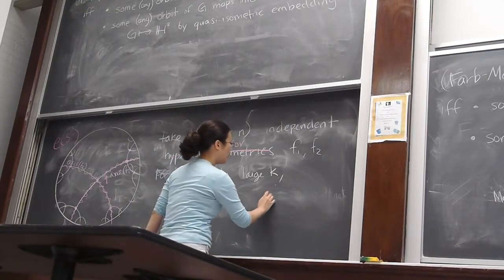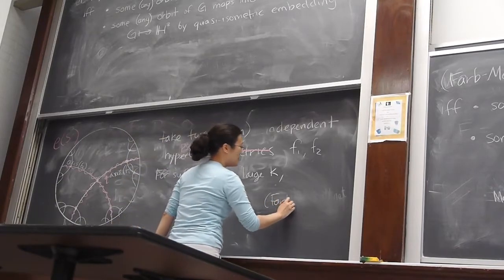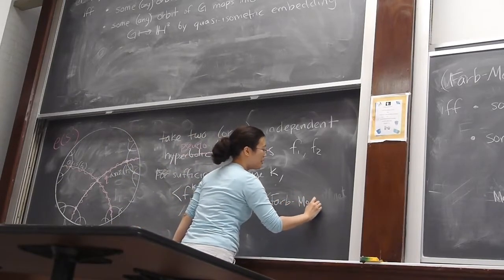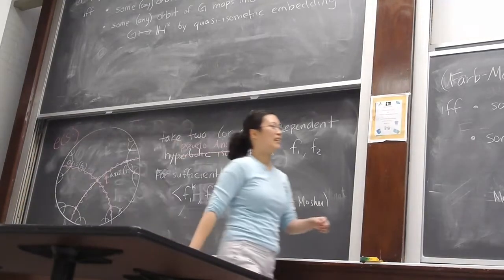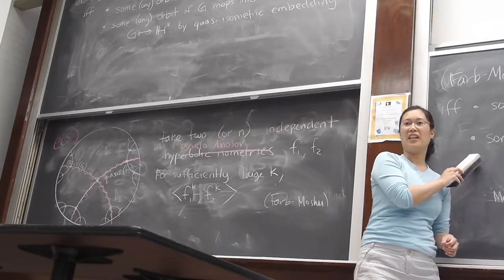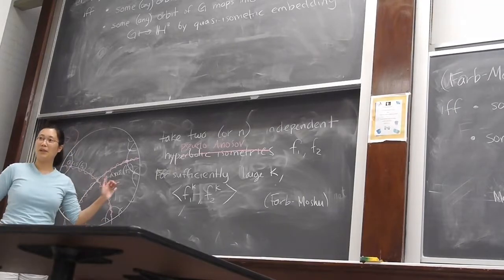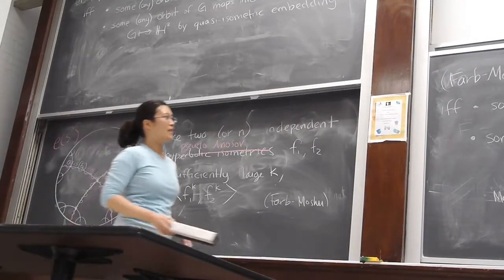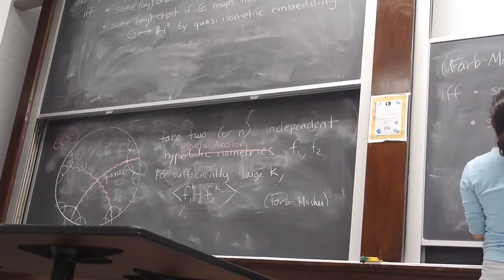Well, I'll credit the existence of all of these to Farb and Mosher, but this elegant hyperbolic way of proving it is described by Kent and Leininger in their paper, where they show that this is a way you can think about convex cocompactness in the mapping class group. Okay, so there are plenty of convex cocompact groups of that form. All right.